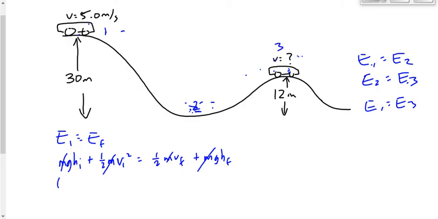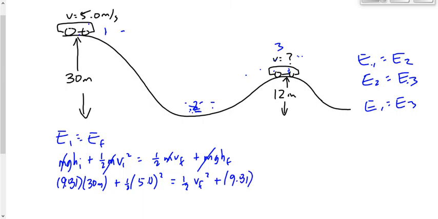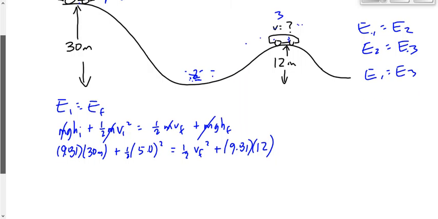What do we got here? 9.81 times an initial height of 30 meters plus 1/2 times 5.0 squared equals 1/2 of v_f squared plus 9.81 times 12 meters. 9.81 times 30 is 294.3 plus 12.5.